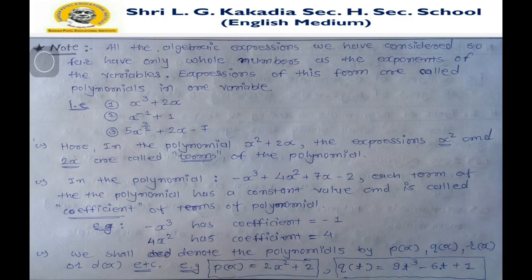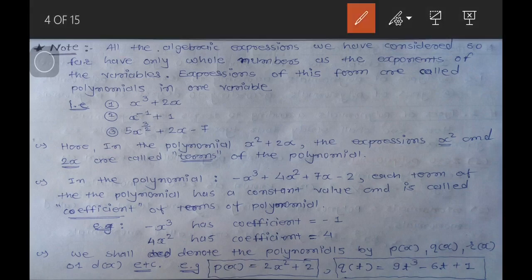Now, how can we conclude whether an algebraic expression is a polynomial or not? We have to note here that in the algebraic expressions we have considered so far, only whole numbers are the exponents of the variable.